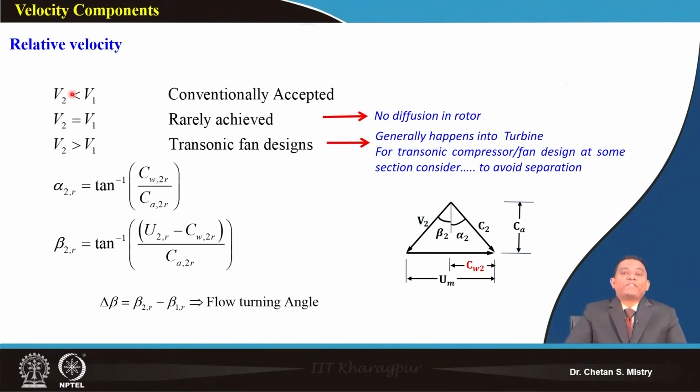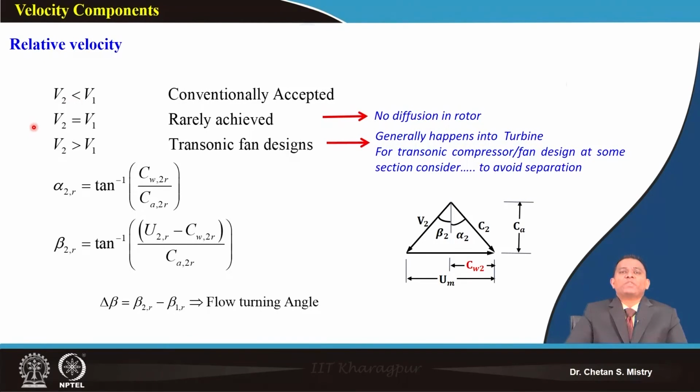If my exit relative velocity is lower, it shows the diffusion that is happening in my rotor, and that is what has been conventionally accepted. So in order to check whether my blade or rotor is doing diffusion or not, we can calculate based on the relative velocity.